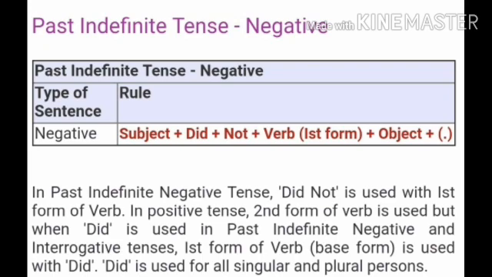The helping verb of this tense is did, and after that we will use not, and when we use did in negative and interrogative sentences, we have to use first form. When we use did, we have to use first form, very first form of every verb which we use, and after that we have to use object, and then object is followed by a full stop.